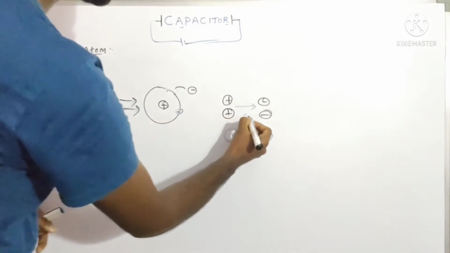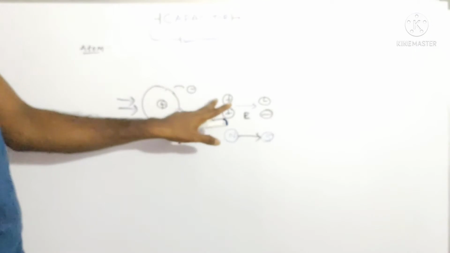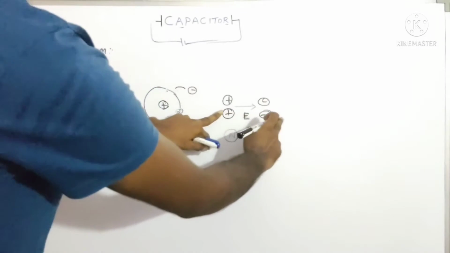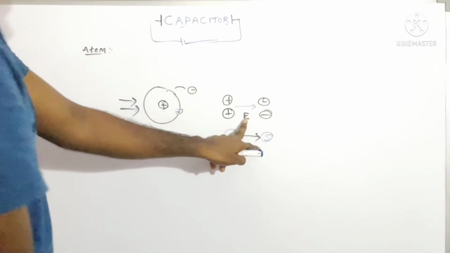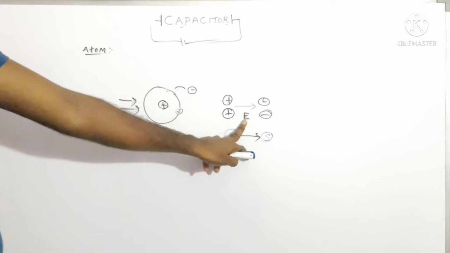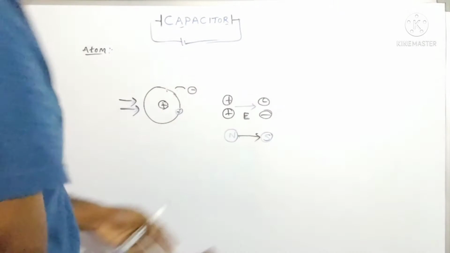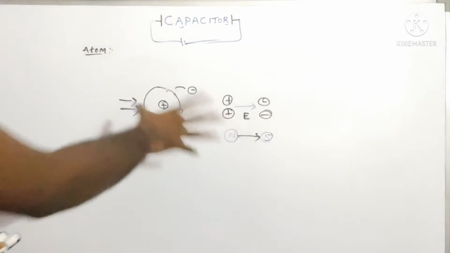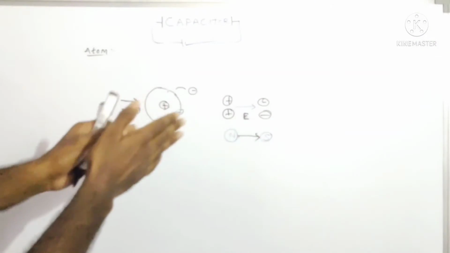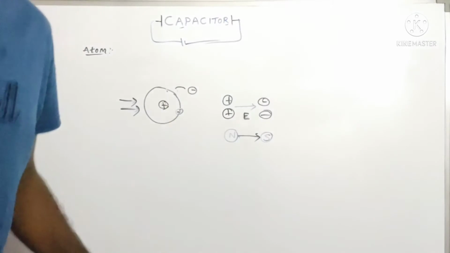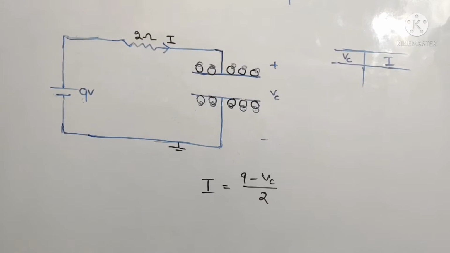In the same way, in electronics, from the positive charge to the negative charge there will be an electric field starting from the positive charge. I have to mention this, because all these things are collectively going to play a vital role in the concept of capacitor. So guys, now we will discuss the concept of capacitor.